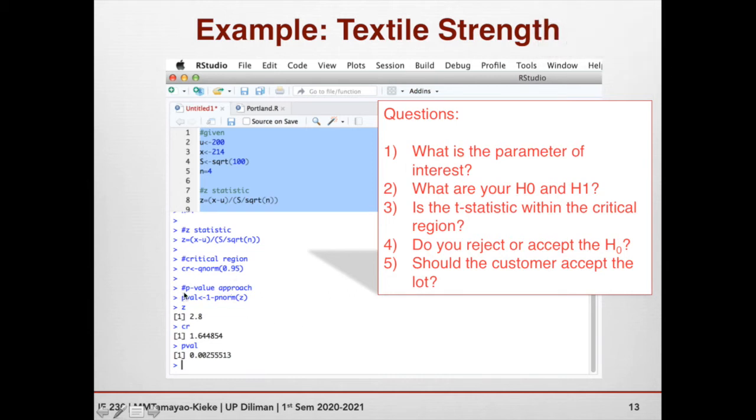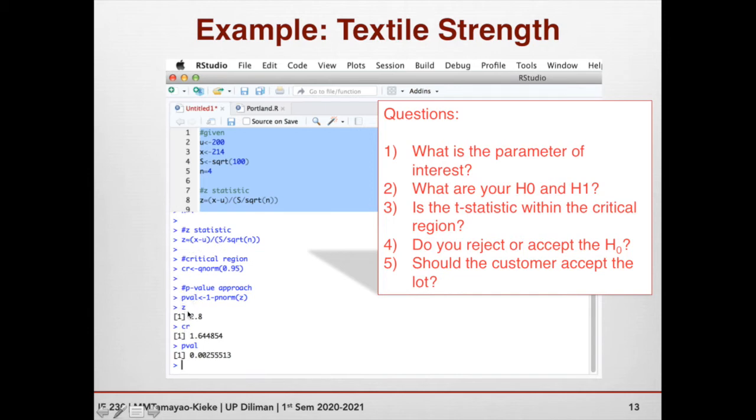And then we compute the p-value to be equal to 1 minus pnorm of z. So this is 1 minus the cumulative probability of z that we computed from here, and that would be our p-value.